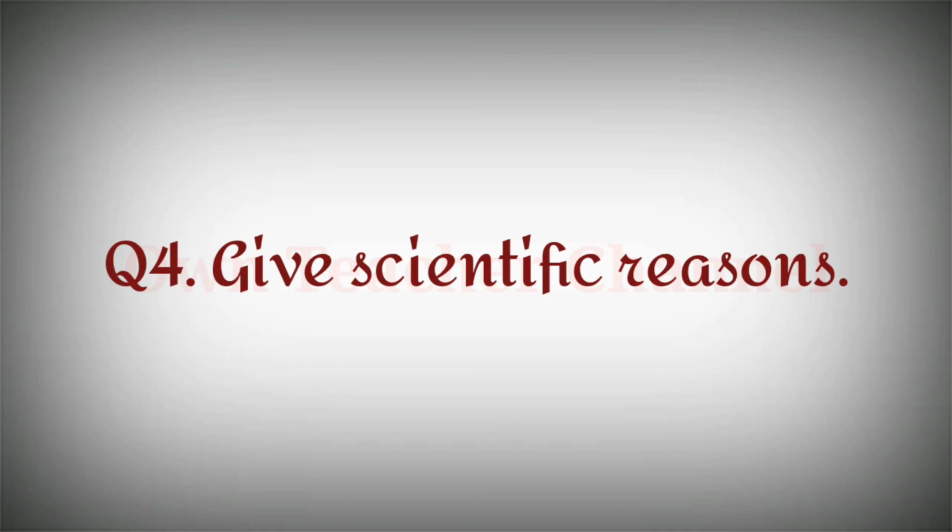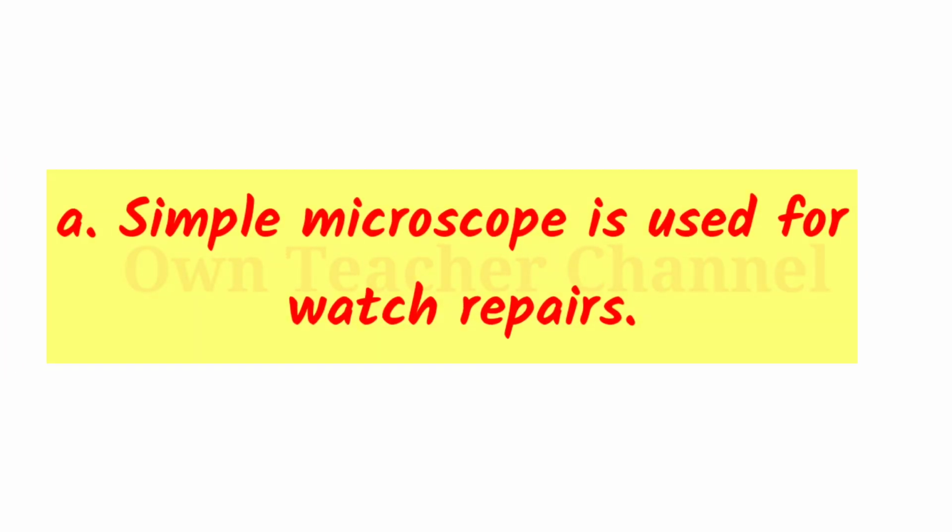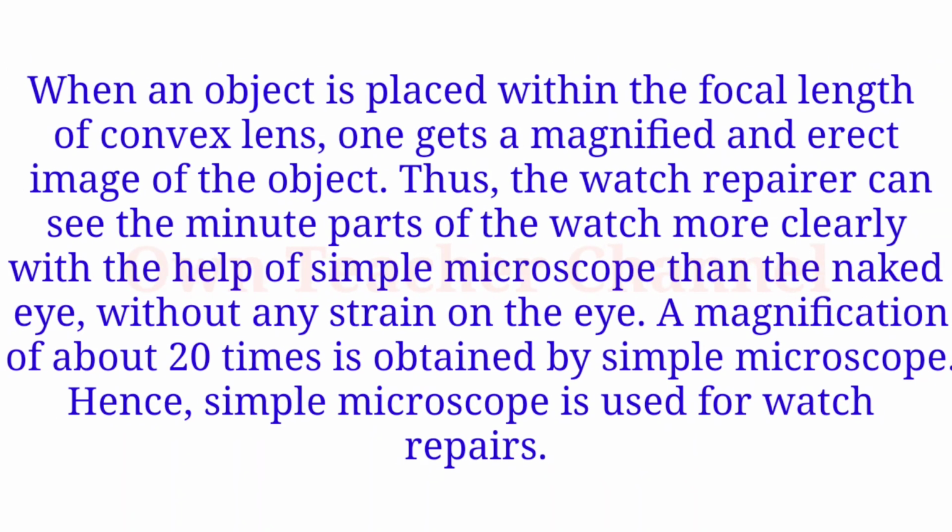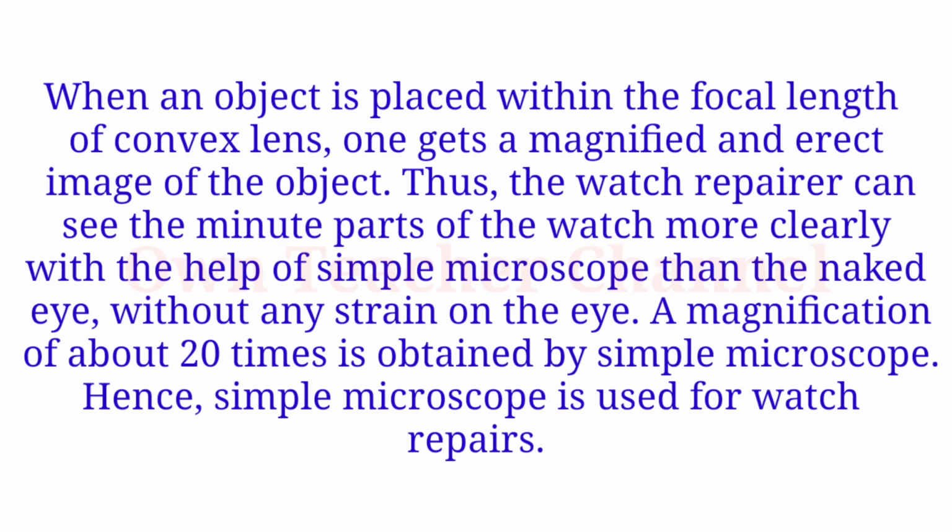Question 4. Give scientific reasons. A. Simple microscope is used for watch repairs. When an object is placed within the focal length of a convex lens, one gets a magnified and erect image of the object.